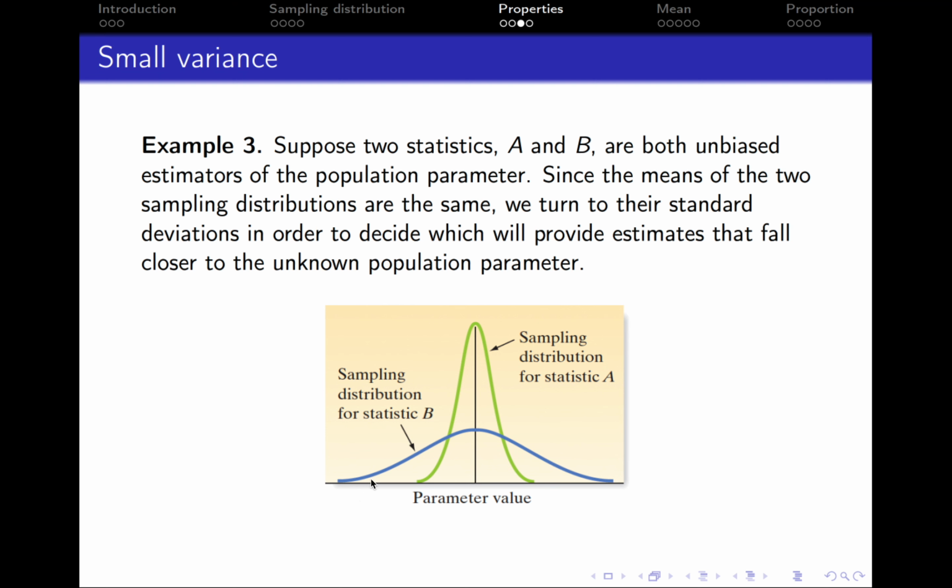So the values are further away from the true population parameter or from the mean value. And since we would like to get as close as possible to the true population parameter, we would like this spread to be as small as possible. So in this case, the sampling distribution for statistic A is a better representation of the population parameter.